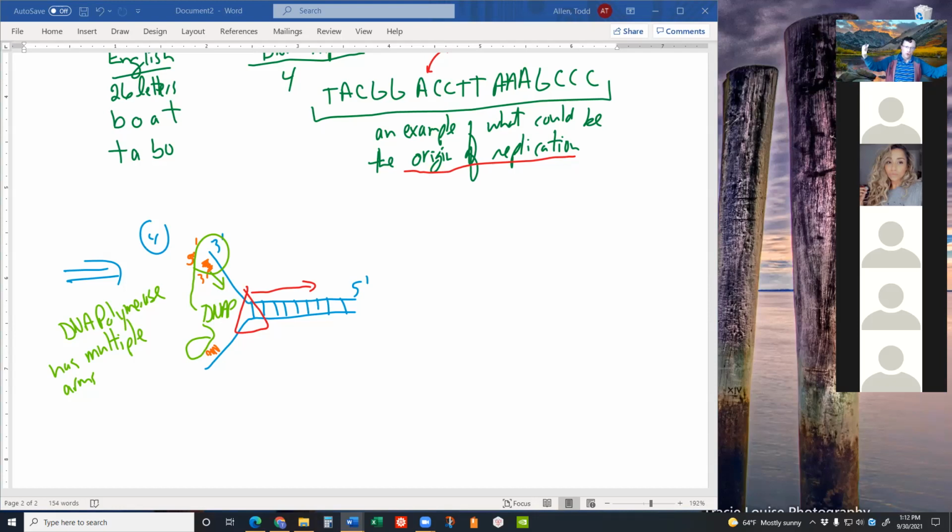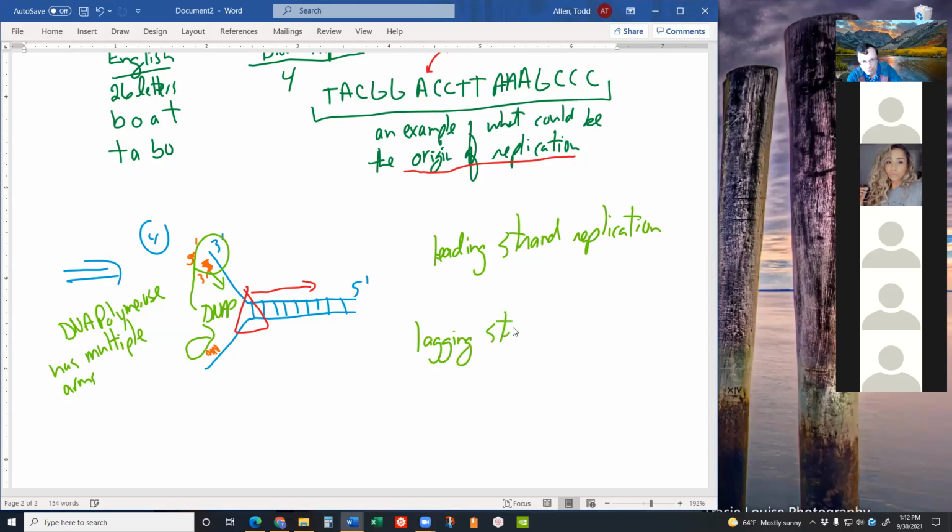All right, so long story short, there are 2 forms of DNA strand replication. We are going to have leading strand replication, and we will have lagging strand replication.